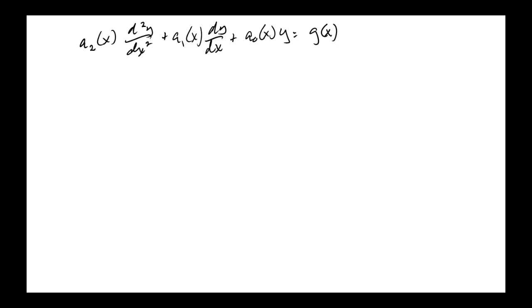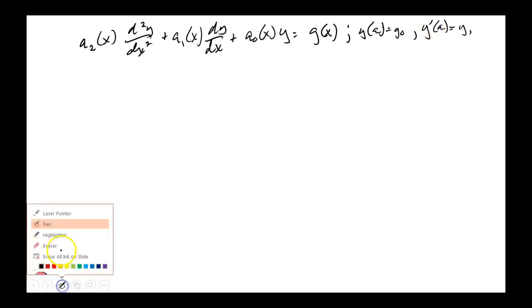But that's your equation. Here's your subject to: y of a is equal to y0, and y prime of a is equal to y1. Oops, sorry. That was an initial value problem. I got carried away there.